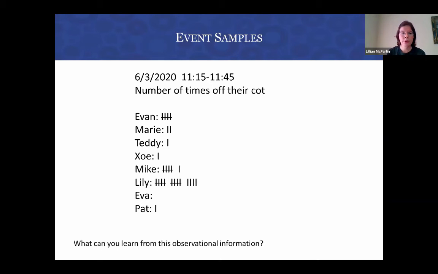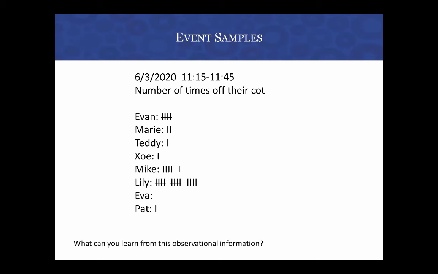So if you did A of who got off their cot, looking at this tally mark, out of 1, 2, 3, 4, 5, 6, 7, 8 children, how many children would you have that got off their cot? Three. I'm sorry? One. I don't get the question. Okay, let me try again. You have 8 children in your classroom.